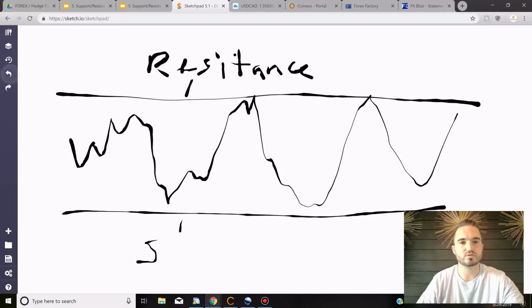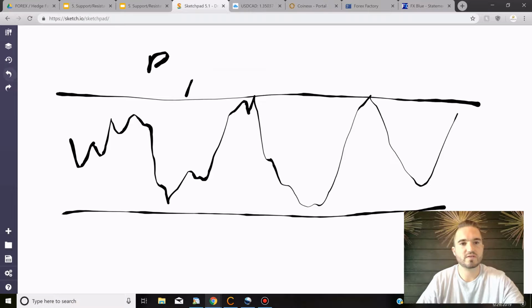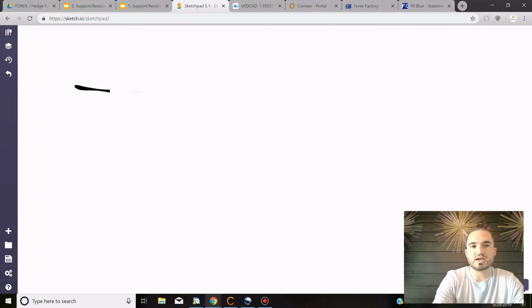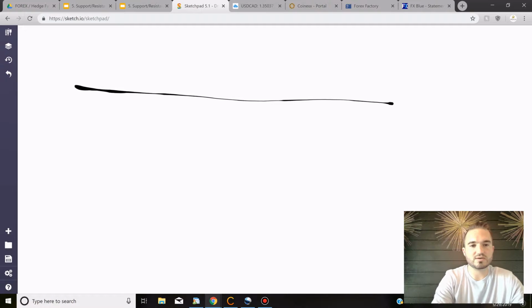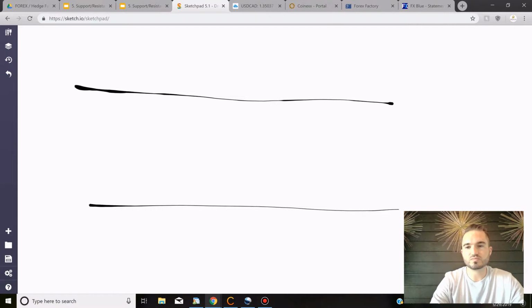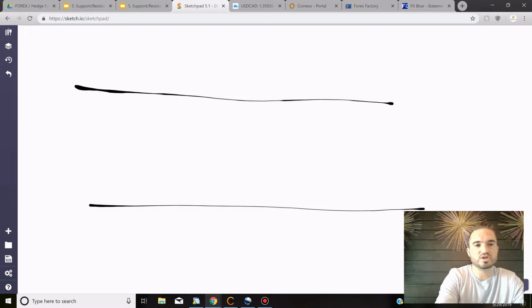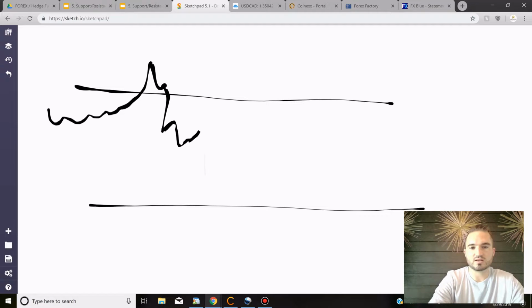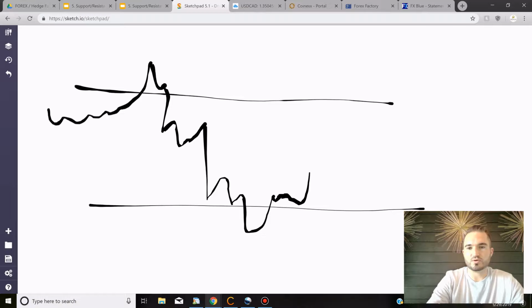Okay, so let me erase all this real quick. So something else is, so say we have our resistance line and we have our support line. You'll notice sometimes it will be trading and it will break through, and then it'll be like, okay, come back in, bounce off, break through, and then come through.